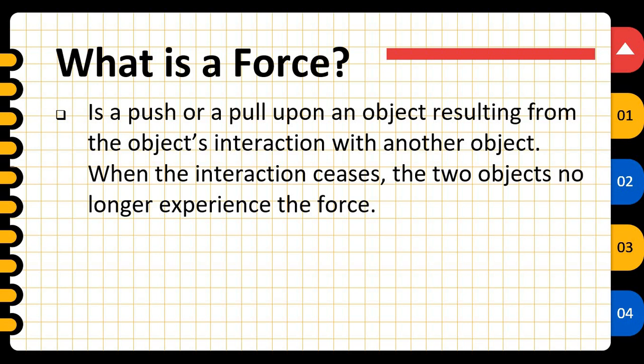Yeah, there is a push or a pull, but how do we know that the force is present in the system? If there is an object to object or a body to body interaction, then there is already a force. That's why it's characterized by push or pull. But when that interaction ceases and is eliminated, or there is no interaction happening inside the system, then the two objects could no longer experience the force between them.